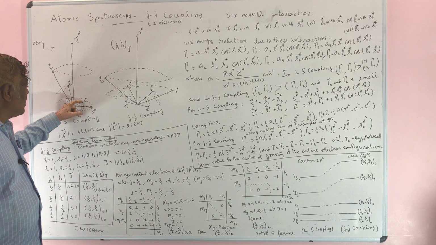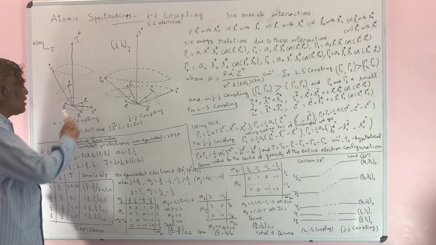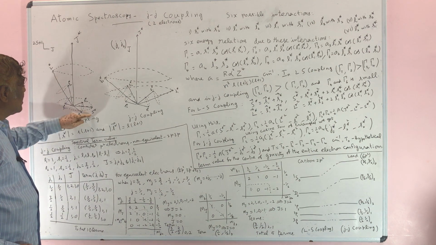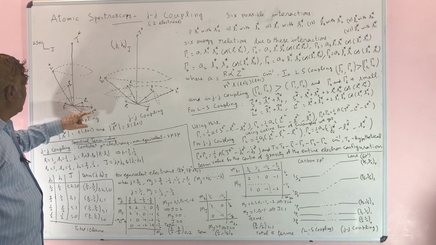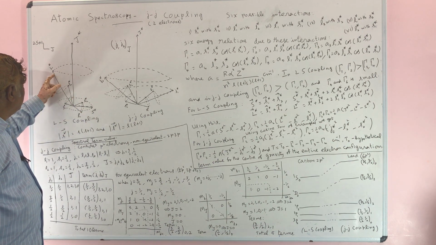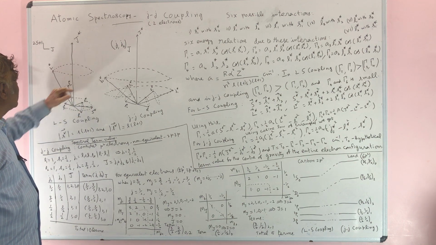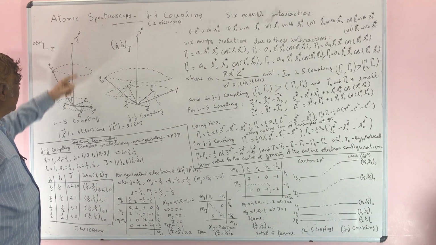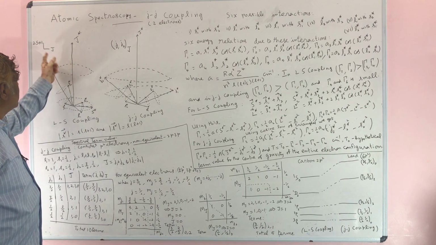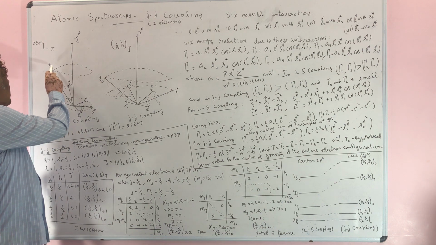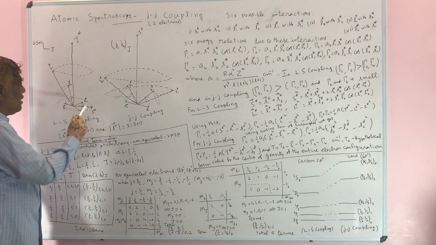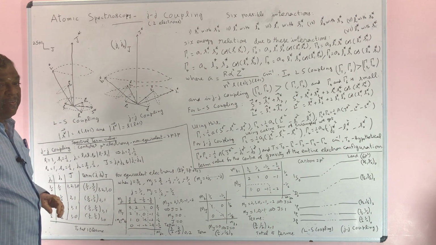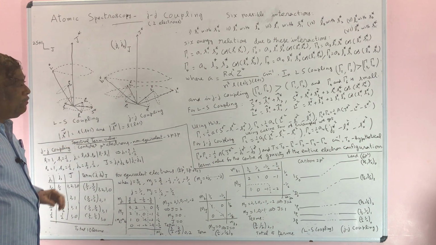Now, the resultant L star and S star precess about the resultant J star. So there is a coupling between L and S. This type of coupling we call LS coupling.